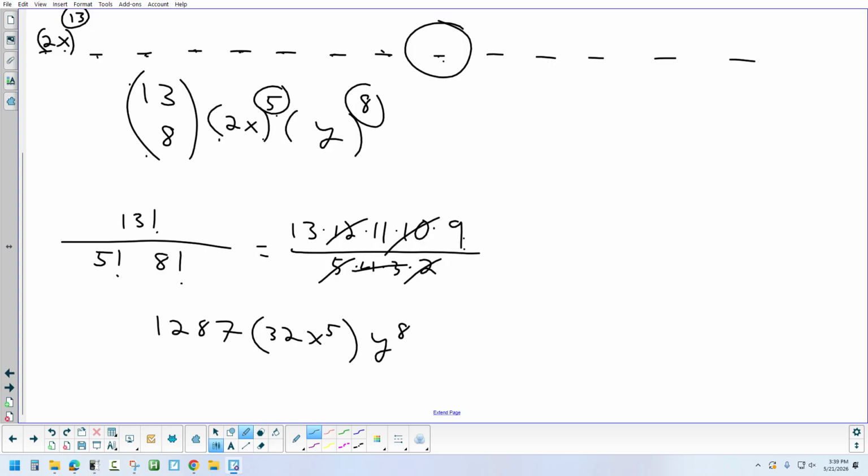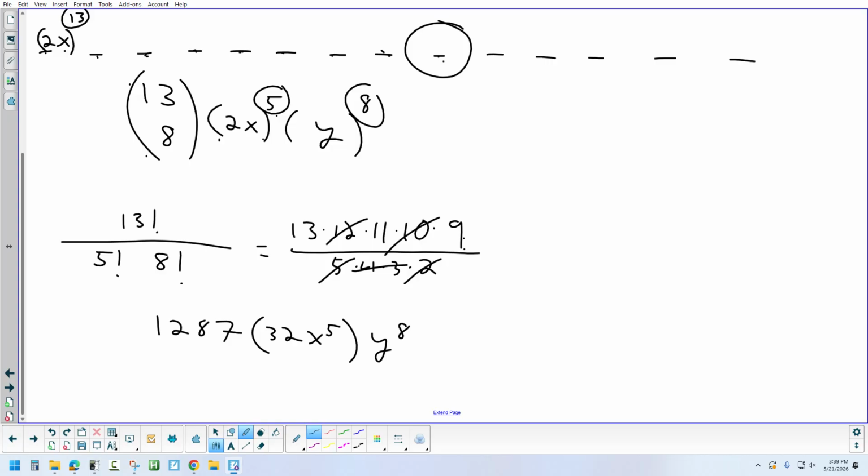We'll need a calculator, but what would be our last step there? Yep. Distribute the coefficient, the 1,287. To what? 32x. Would you distribute it to both the 32 and the x, or just the 32?